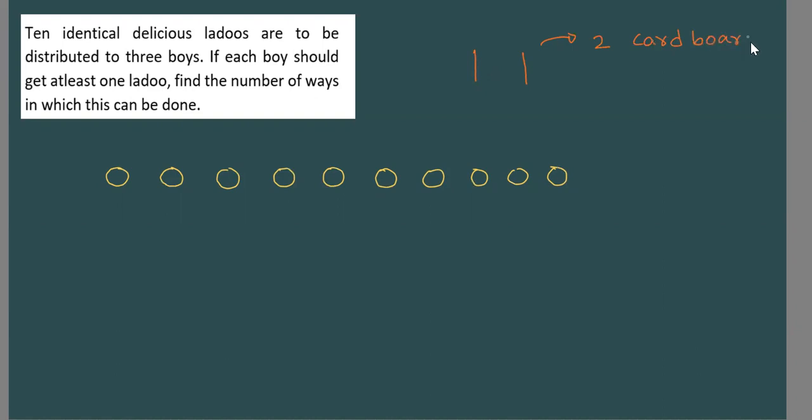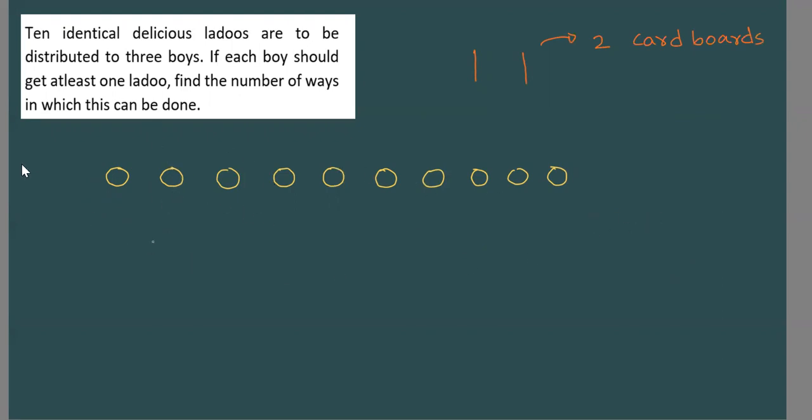I'm using these cardboards to divide the given laddus into 3 groups. I can place these 2 cardboards, but I cannot place them to the left of the first laddu or to the right of the last laddu. I'll have to place them in the gaps in between, right?